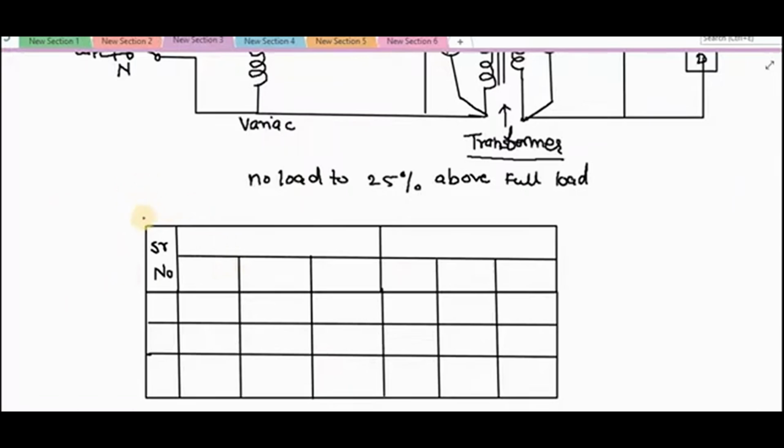So what we have to do? We have to vary the load in suitable steps and take the readings on both sides of the transformer, that is primary and secondary. So here I will write down the readings of the primary side and here I will write down the secondary side.